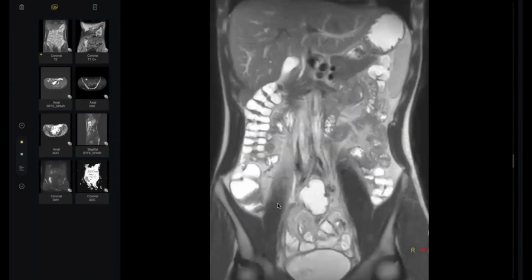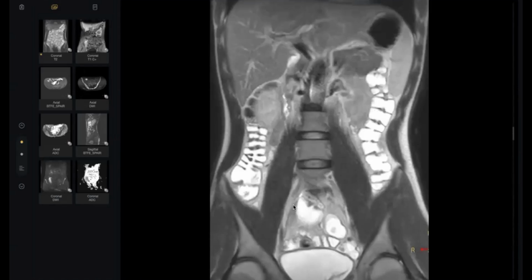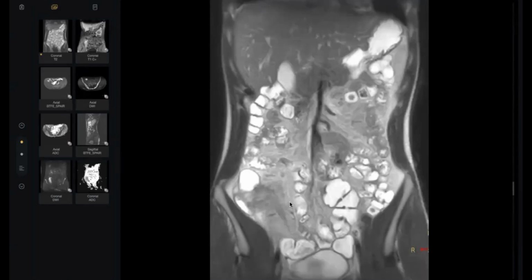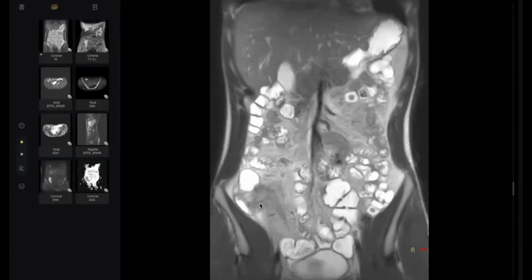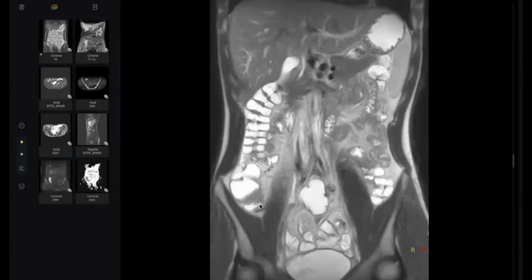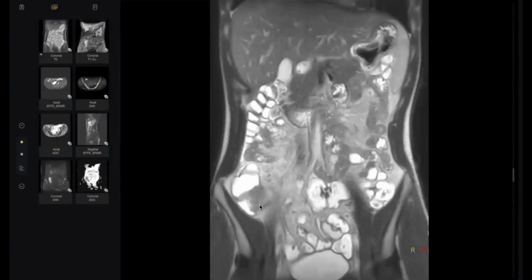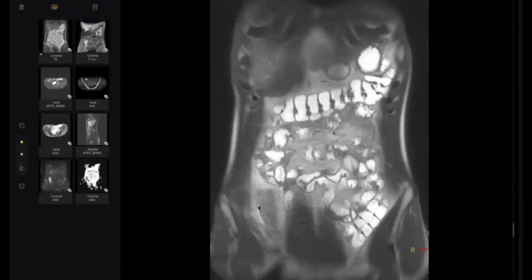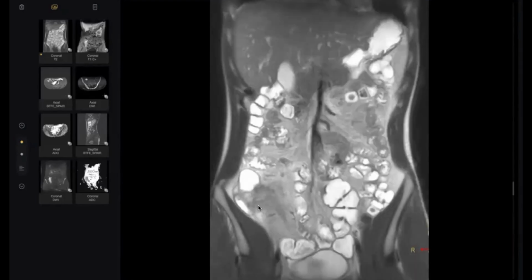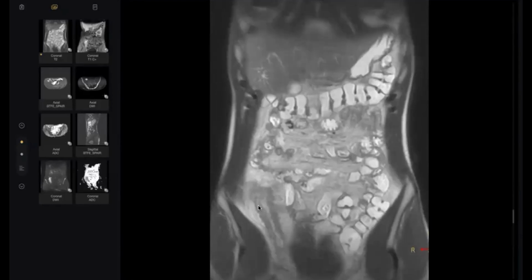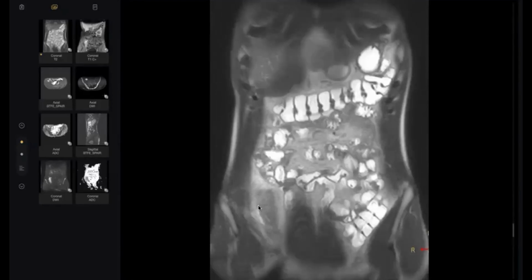In the rest of the small bowel, there is no significant dilatation proximal to this. So I can put differentials in this case. It could be Crohn's disease, or abdominal tuberculosis. Other differentials include typhlitis.